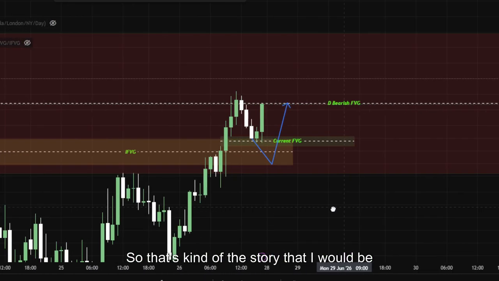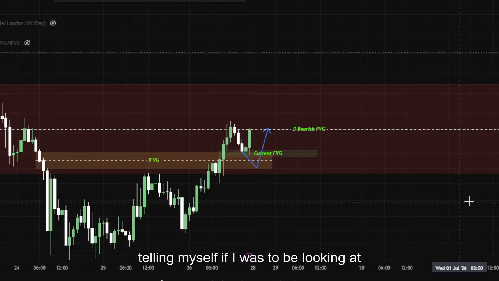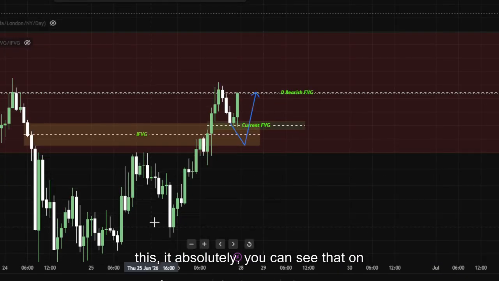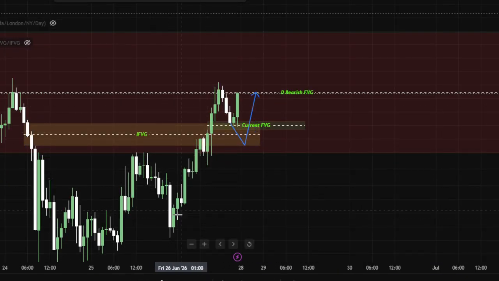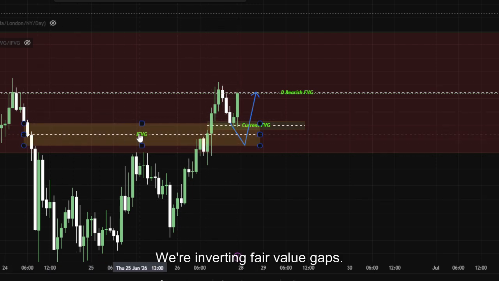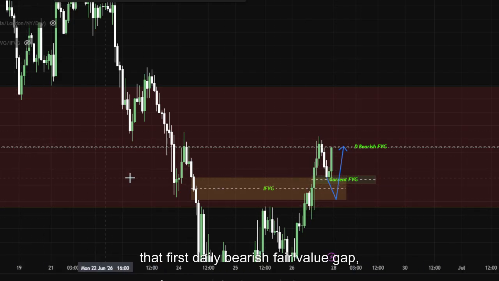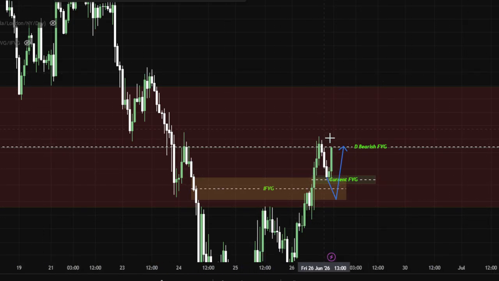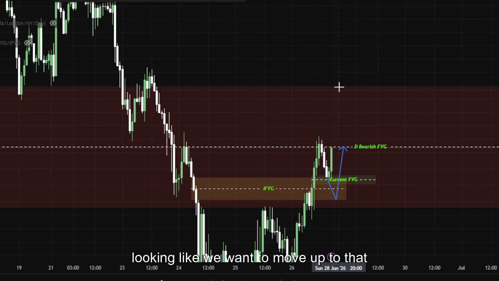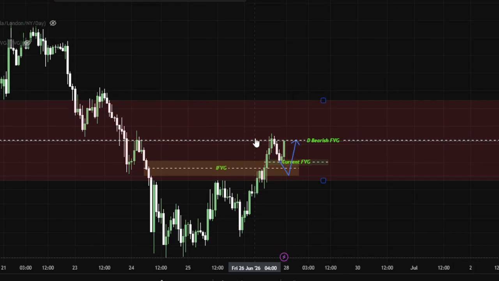So that's kind of the story that I would be telling myself if I was to be looking at this. It absolutely, you can see that on the short term, we have switched bullish. We're inverting fair value gaps. We are very close to inverting that first daily bearish fair value gap, looking like we want to move up to that second one.